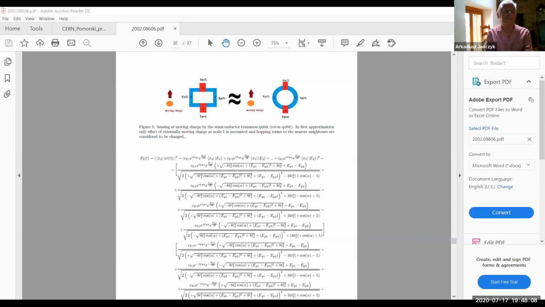Yeah. And so what I'm saying is that an external moving charged particle can probe electron position, right, in a chain, and at the same time you need to monitor the external moving charged particle together with the state of the Josephson junction. And Josephson junctions are amazingly developed these days.